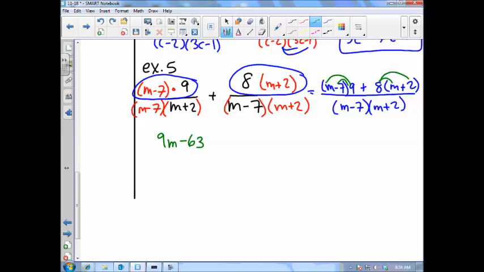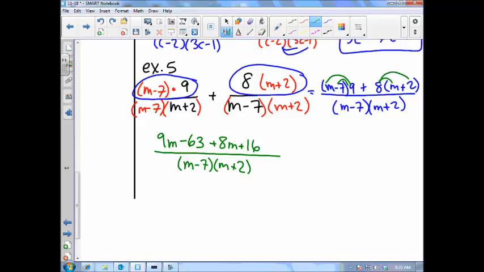Good. And then when we distribute the 8 in, what do we get? Okay, and for the time being, we're just going to leave them as the factors.